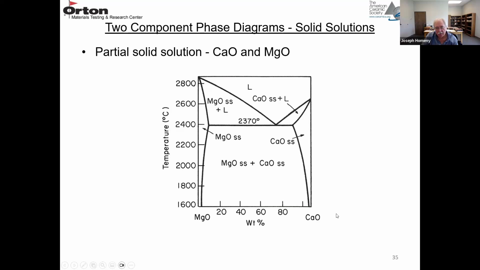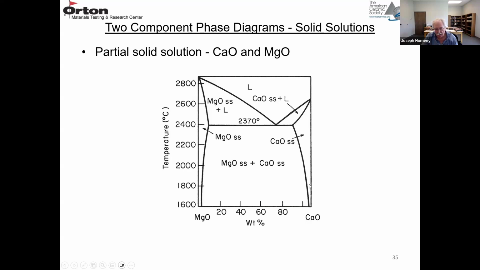This is what a phase diagram looks like with a partial solid solution. This is MgO 100% and CaO 100%. This one's in weight percent. This region right here is MgO solid solution. It's a limited region where a small amount of lime is dissolved in the MgO to form a solid solution.